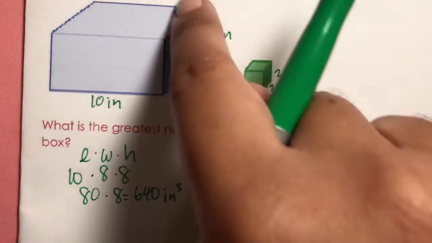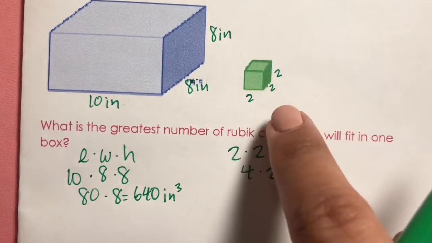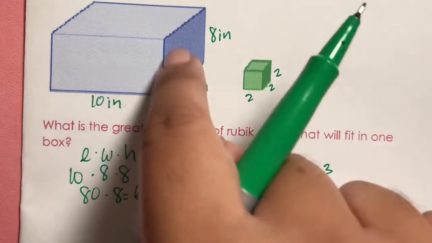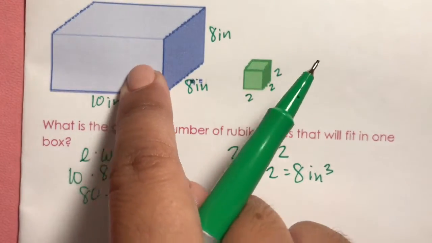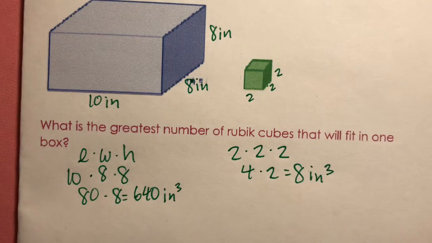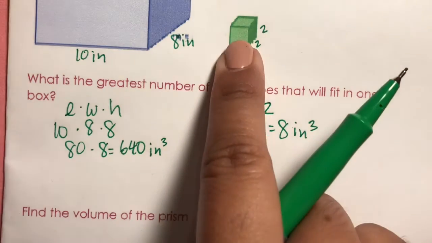Now that we know the volume of this box and the volume of this Rubik's Cube, we know how much room this will take up in this box. So we need to know how many of these we can fit in here. To do that, we need to divide the volume of the box by the volume of the Rubik's Cube.